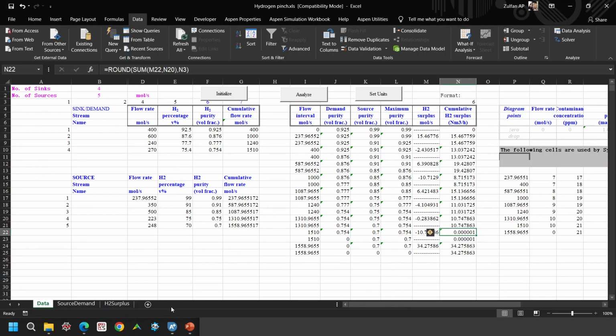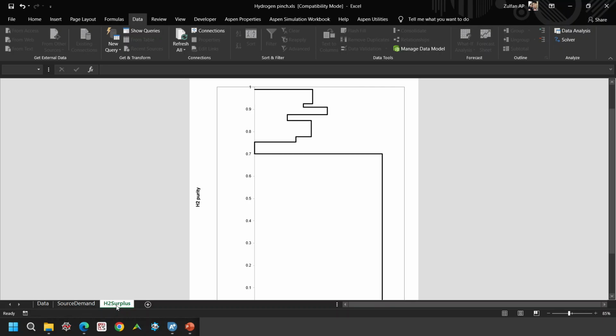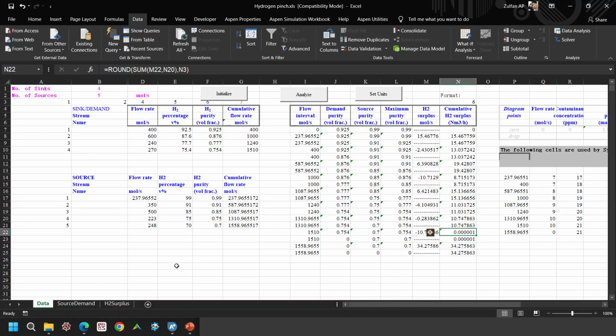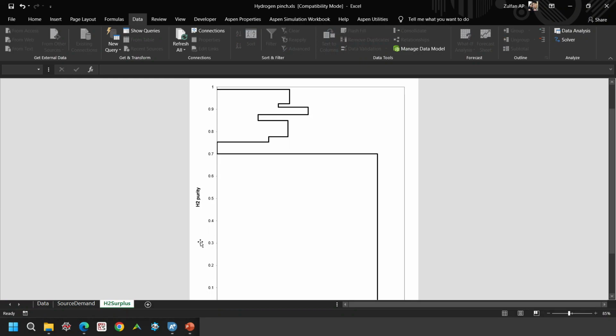So we have this, and then you can get that one. So this answers the question of how big the hydrogen plant is that we have to supply to the plant. And that's the first question.